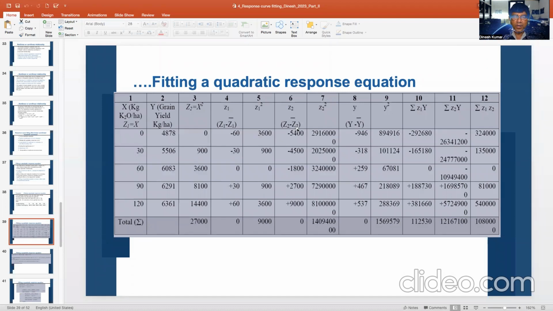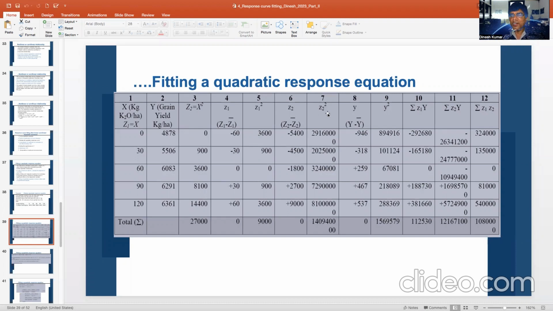So you can take this column number 3, 0 minus 5400, you get minus 5400. 900 minus 5400, you get minus 4500. 3600 minus 5400, you get minus 1800. So likewise, you will get different values, different deviations against the mean for capital Z2.